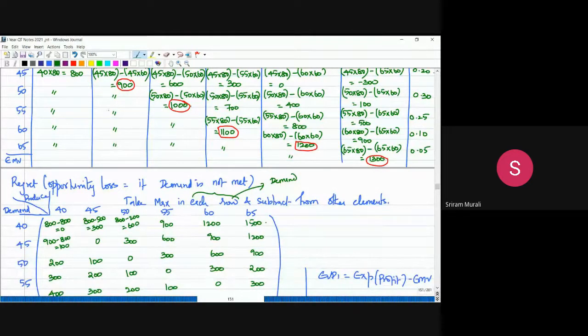Fifty-five, 65. So maximum is 1000. Thousand minus. Sir, maximum is 1100, sir, that row. Then 200 only comes. 1100, no, 900. Sir, that 55 into 80 minus 65 into 60, sir. You looked at the one below. Now should 600 come here? Yes sir. Okay.